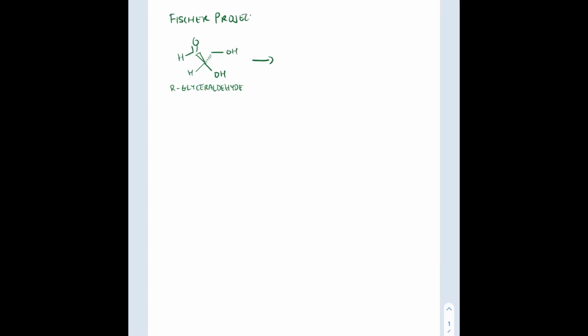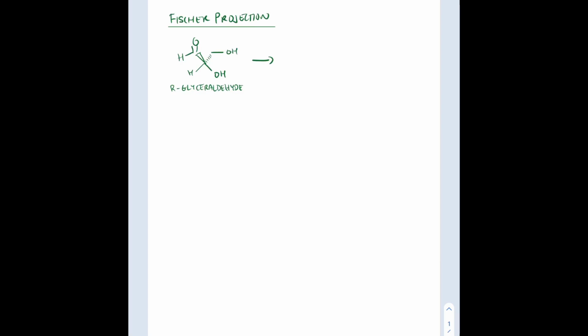Fischer projections. We've talked about Fischer projections before, so this is going to be a review, and this whole chapter is more or less a review with a couple exceptions, and I guess those exceptions would be more related to vocabulary. So those of you that are good with words, you're in good shape.